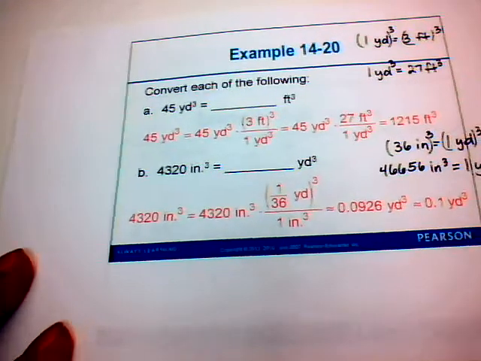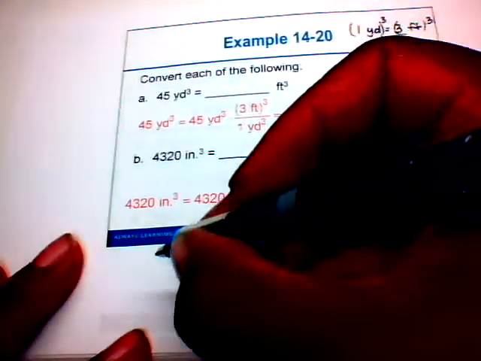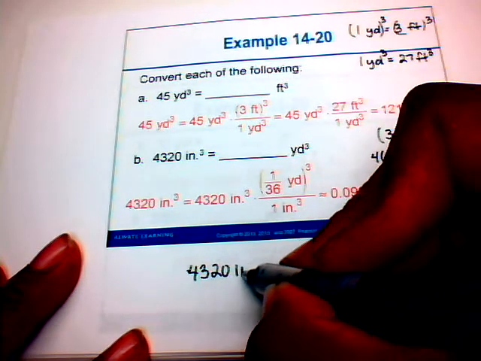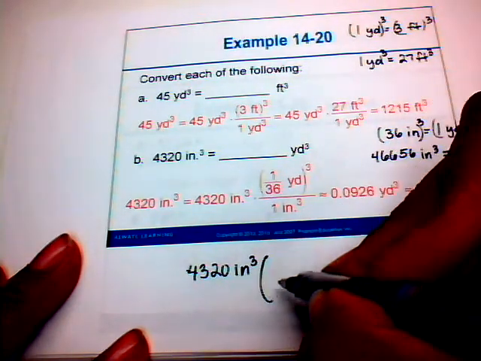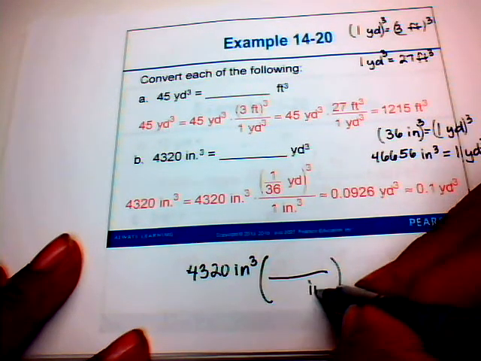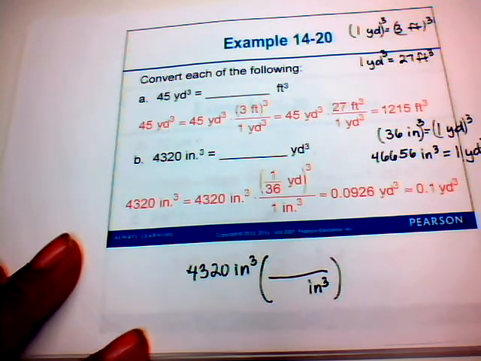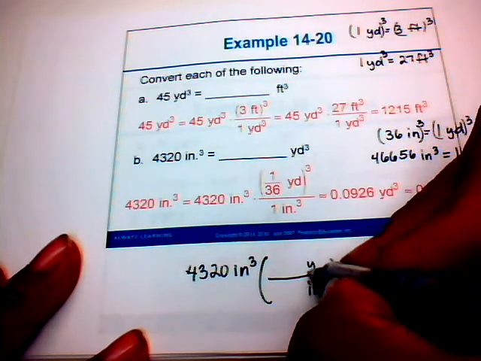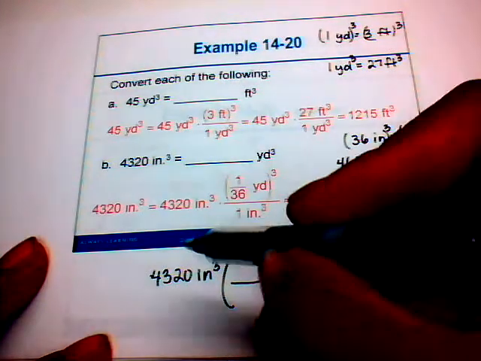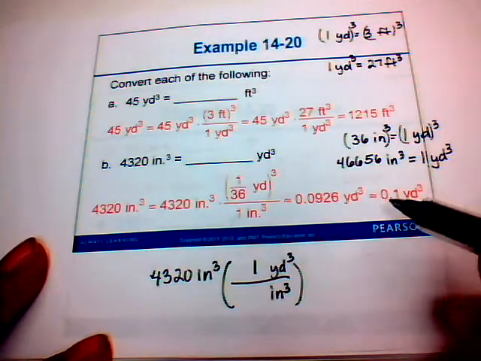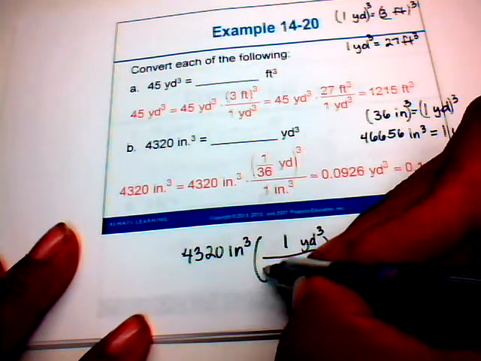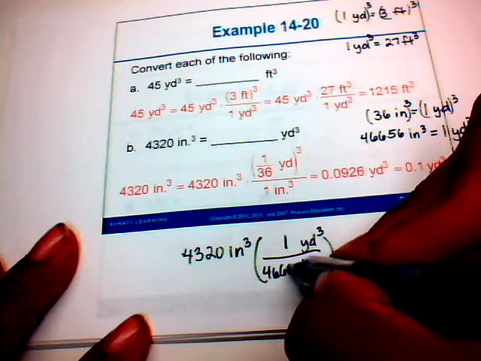Now I'm going to go ahead and work this out, which is different from what they have here. So if I have 4,320 cubic inches, and I'm converting from cubic inches to cubic yards, the cubic inches go in the denominator, the cubic yards will go in the numerator. Okay, it's 1 cubic yard, so the 1 goes on top, and in the denominator will be the unit for the cubic inches, 46,656.